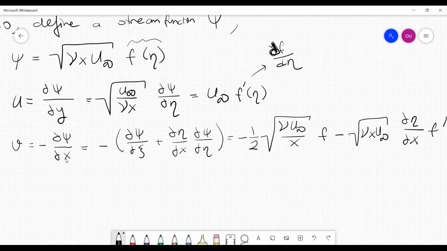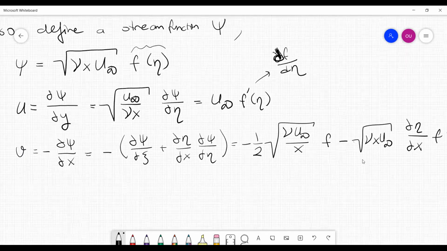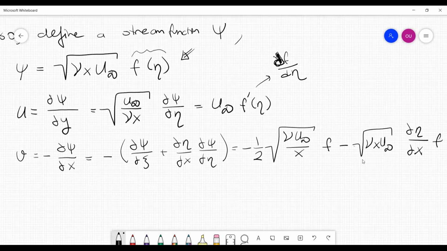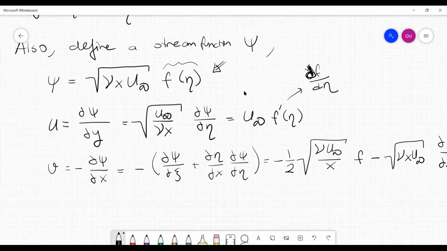If you take the derivatives of these and add them up, you can show that this definition automatically satisfies that equation if a stream function is defined like this. So this is the second piece of information that Blasius came up with.